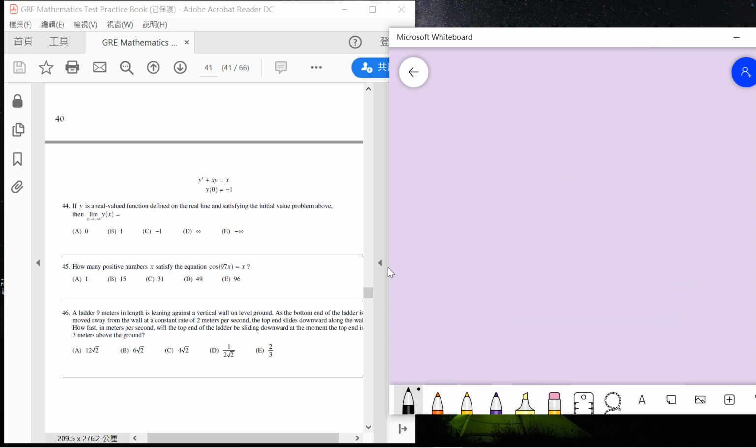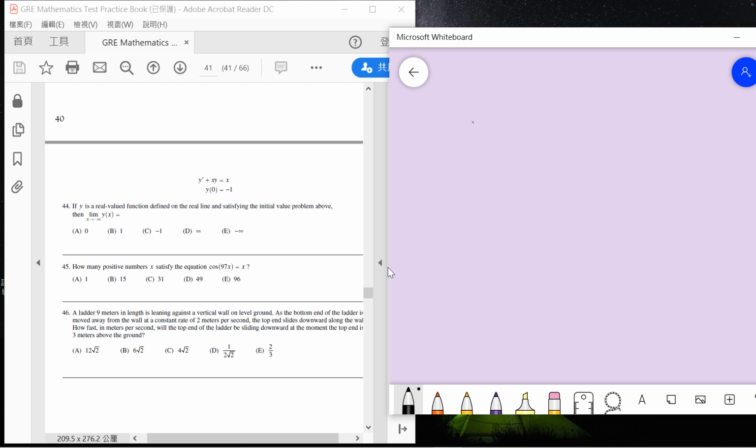Okay, 45 is a little bit tricky, since it asks you to solve a transcendental equation. Basically, you only have one way: you just plot the function and think about how many answers there are.